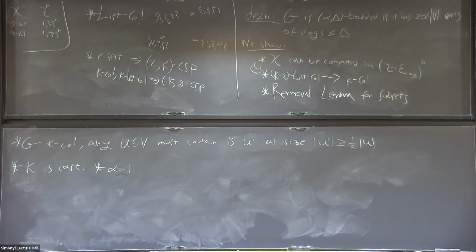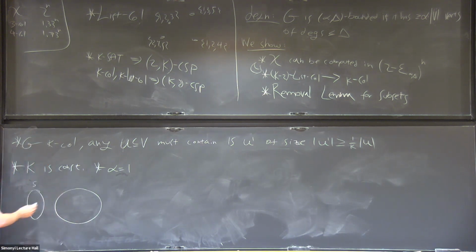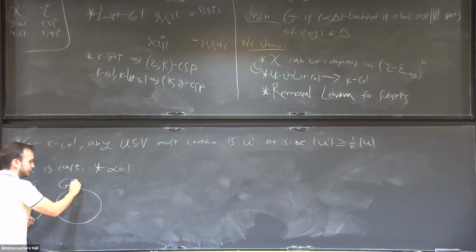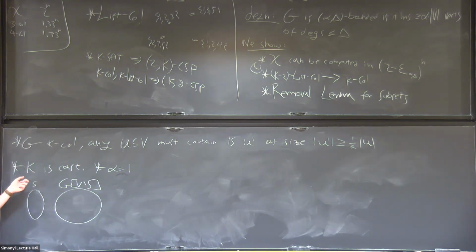Okay, so what are we going to do? Because of the first observation, you can always take some very large independent set, where large just means linear, and put it to the side visually, and then look at the rest of the graph. So I have an independent set S, and I have my graph without this independent set.